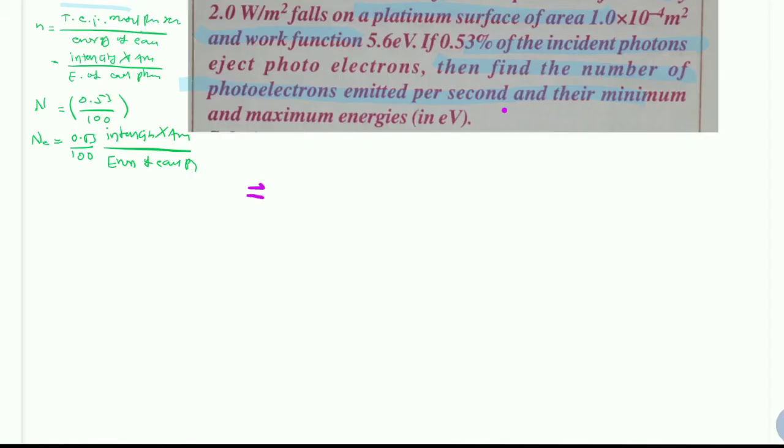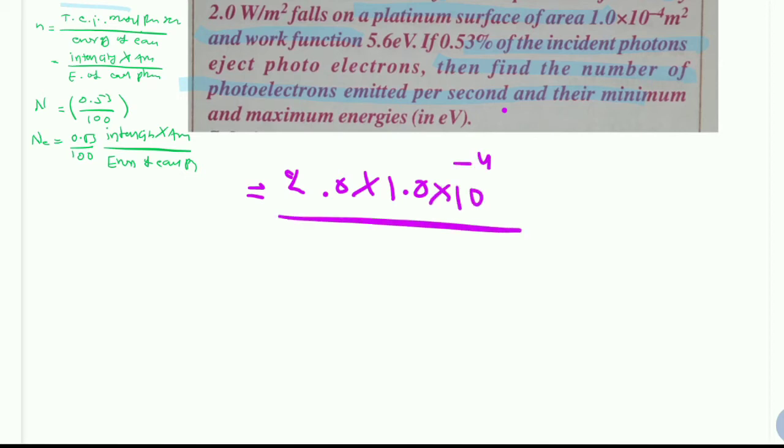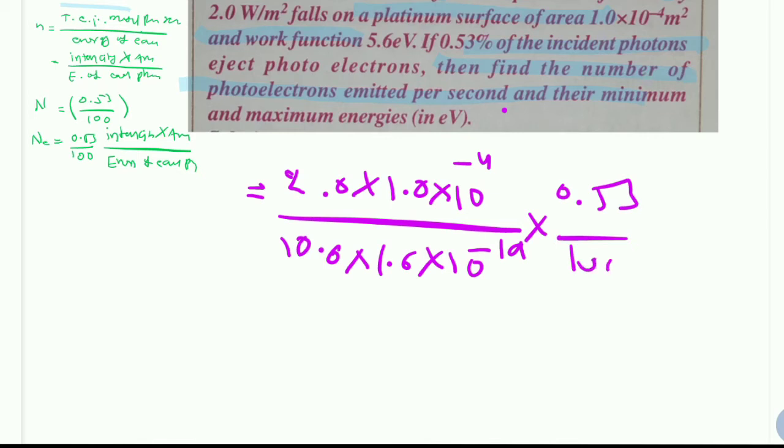So 2.0 into 1.0 into 10 to the power of minus 4 by 10.6 into 1.6 into 10 to the power of minus 19, into 0.53 by 100.